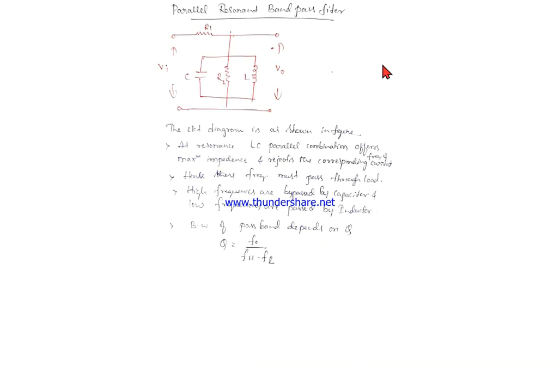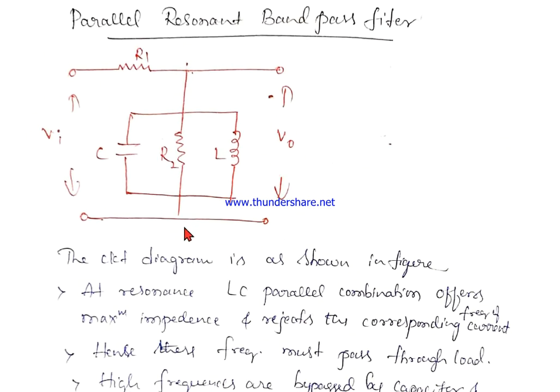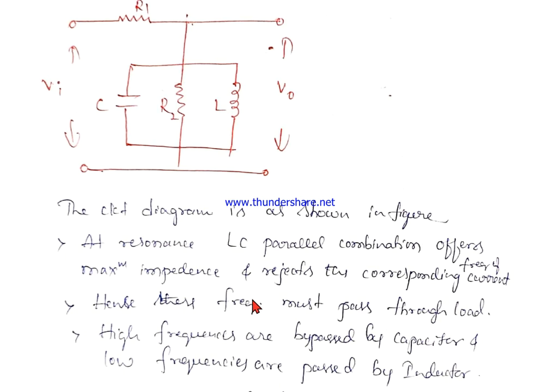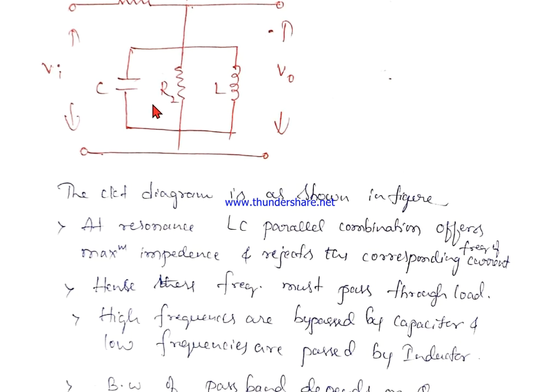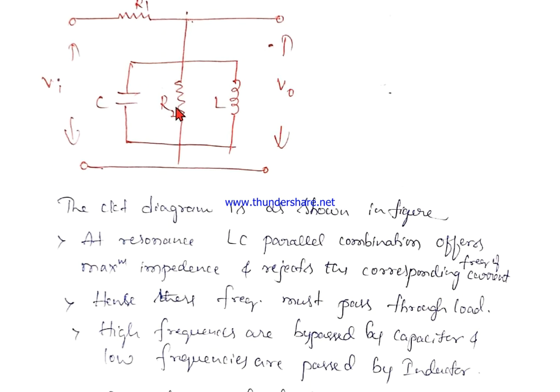Now the parallel resonant circuit; the circuit connections are made as shown in the figure. At resonance, the LC parallel combination offers maximum impedance and rejects the corresponding frequency of current. Hence, these frequencies must be passed through the load.